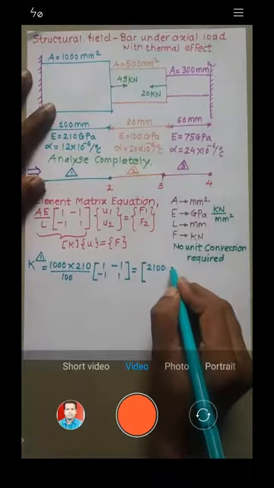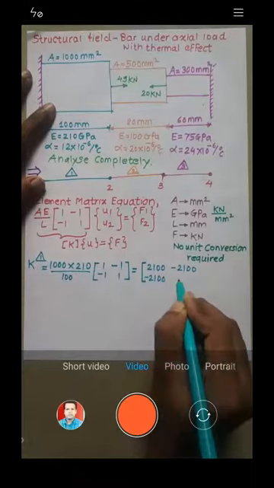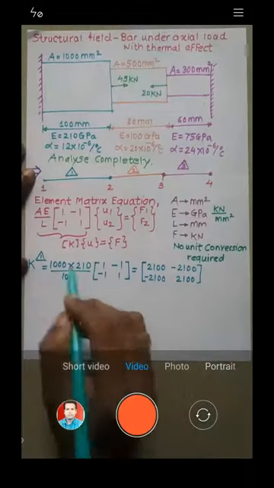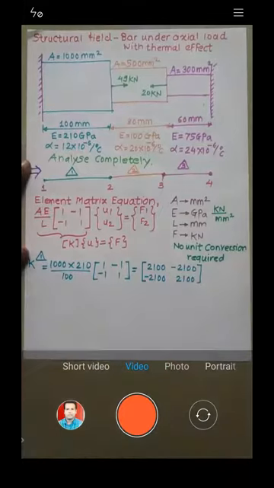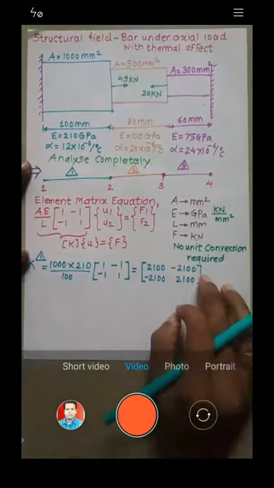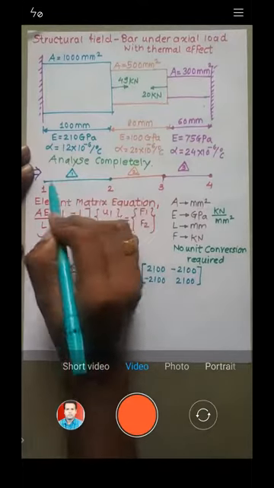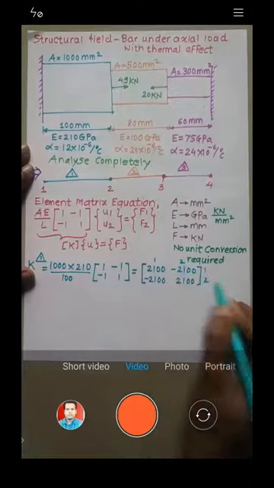So it is 2100, minus 2100, minus 2100, and 2100. Try to understand, this term is coming to be 2100, so you just multiply it inside the matrix. Element number 1 is between node 1 and 2, so you just give the numbers like that, 1 to 1, right?